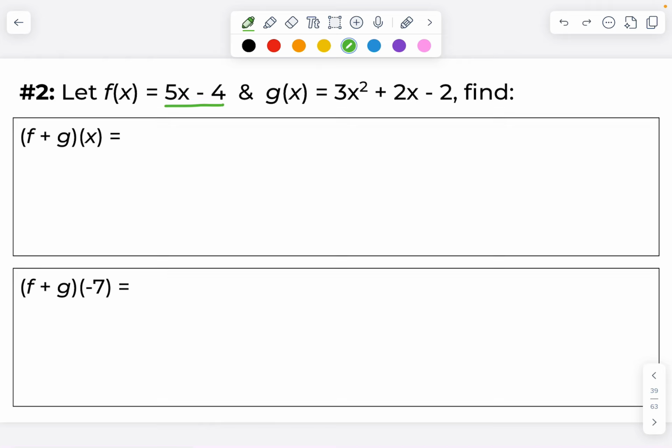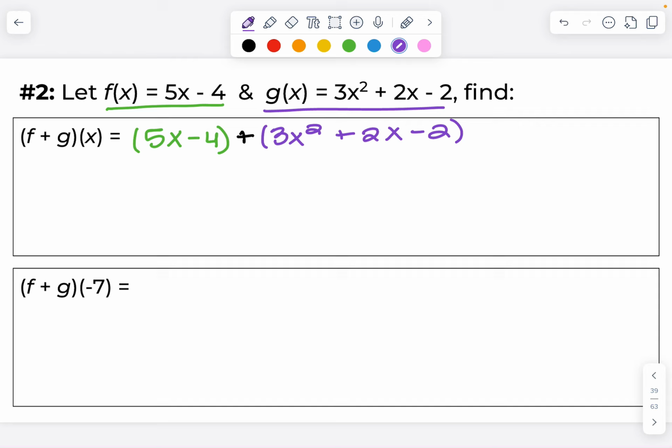So we have 2 more functions that we're going to look at combining. Okay, and I'm going to repeat the process. So f plus g of x: I'm going to go 5x minus 4, plus 3x squared plus 2x minus 2.